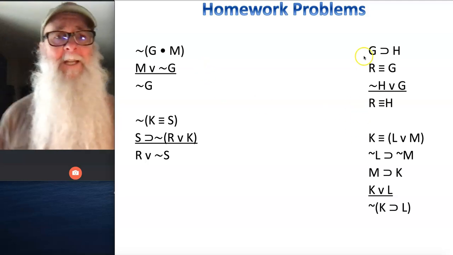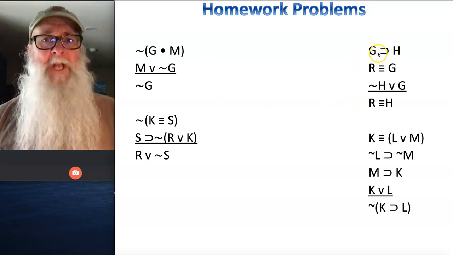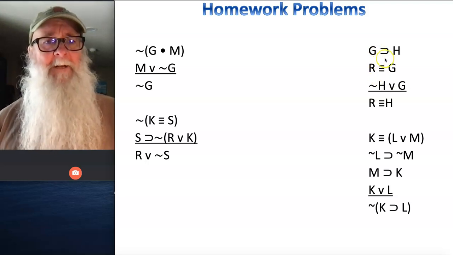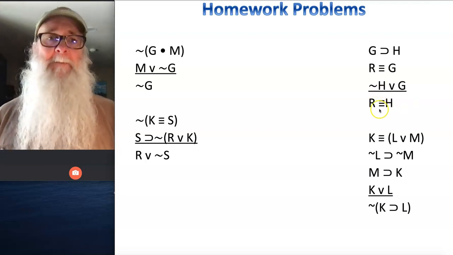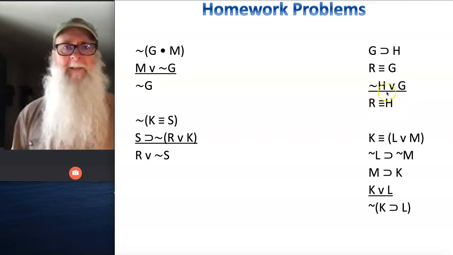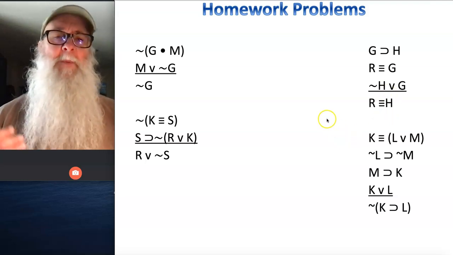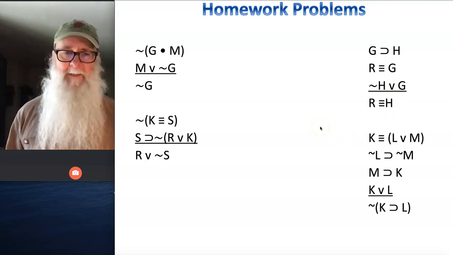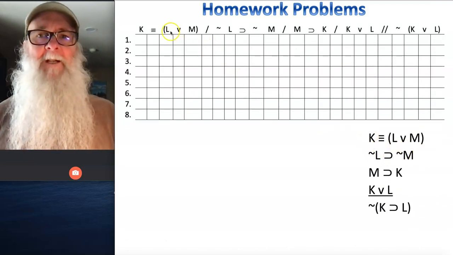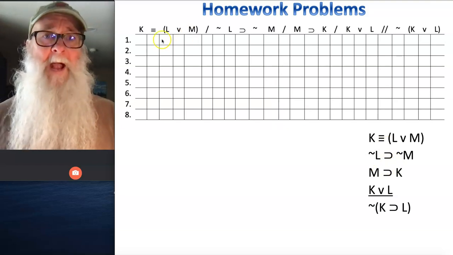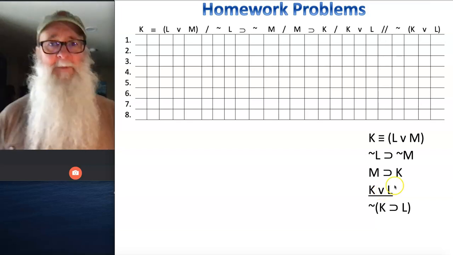All right, so the first thing to take note of is the form of these arguments that they're coming to you in. Each of them is going to have a series of premises on top of an inference bar, and below that inference bar is going to be your conclusion. You might think of this inference bar as the equivalent of the word therefore or consequently. So when you are representing these arguments in a truth table, you want to make sure that you are very carefully writing down the premises exactly as they appear in the original problem.